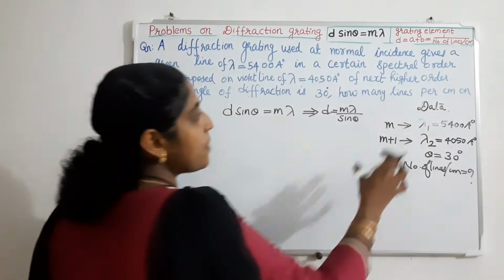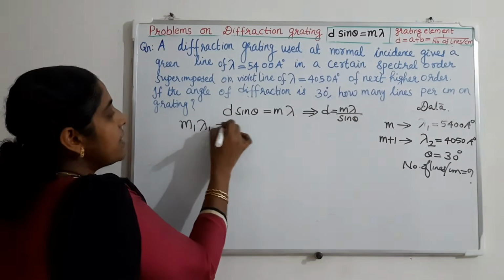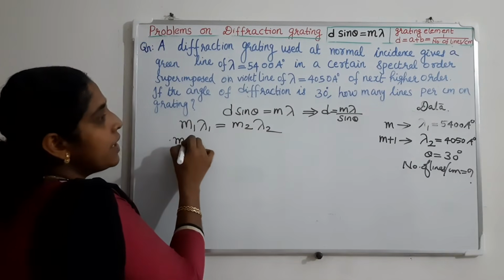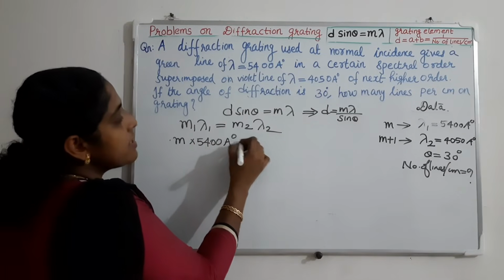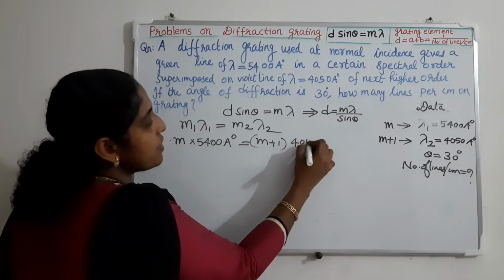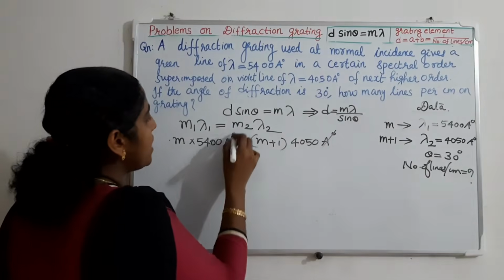Since these two spectral lines are superimposed on each other, we can write m1 lambda 1 is equal to m2 lambda 2. So m1 is m, into lambda 1, which is 5400 Armstrong, is equal to m2, which is m plus 1, into lambda 2, which is 4050 Armstrong. So the Armstrong and Armstrong will cancel.